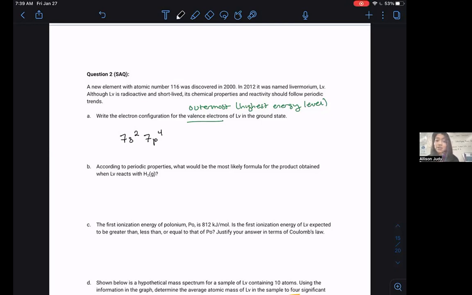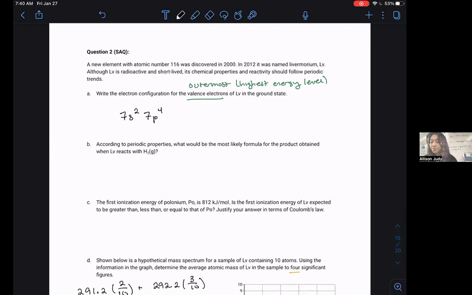And your answer is absolutely yes, except for the fact that I asked for valence electron configuration, which means I'm only focusing on the highest energy level. So now I'm ignoring the relative energy levels of orbitals, where we see that shift down in d and that 2 energy level shift down in f blocks. I'm just focusing on the highest energy level, 7. So 7s2, 7p4. All right, so that's it.